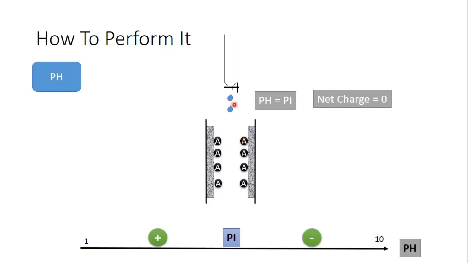Why? Because the solution has a pH that is equal to the pI of the protein.